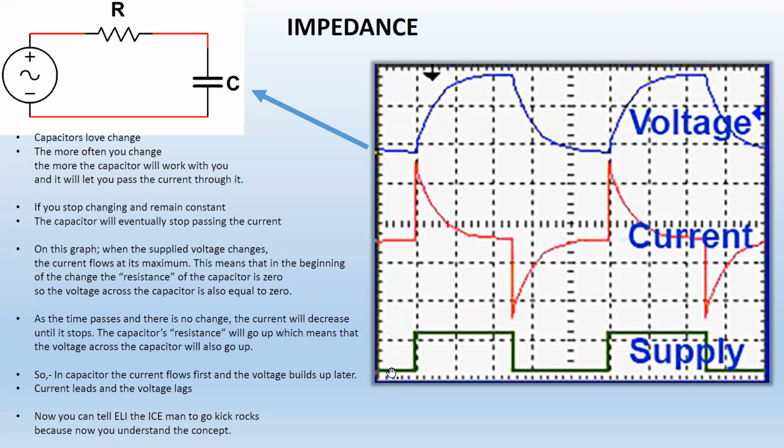Here's 0, and all of a sudden, boom, the voltage shoots up high. Remember, a capacitor acts as a short circuit, so there's an immediate inrush of current. As the plates charge, the current goes slower and slower and goes down to 0. As the current goes down to 0, the voltage starts appearing across the plates.